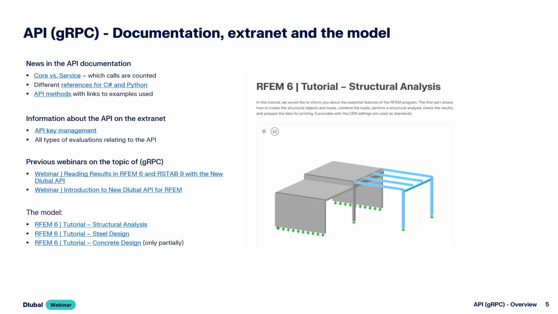I will show you the roadmap for the webinar here. We start with the news in the API documentation. Then we move to the information about the API on the extranet, about the key management. I don't want to go too deep into detail because it's just a small overview so that you have an idea. And then we go to the previous webinars.